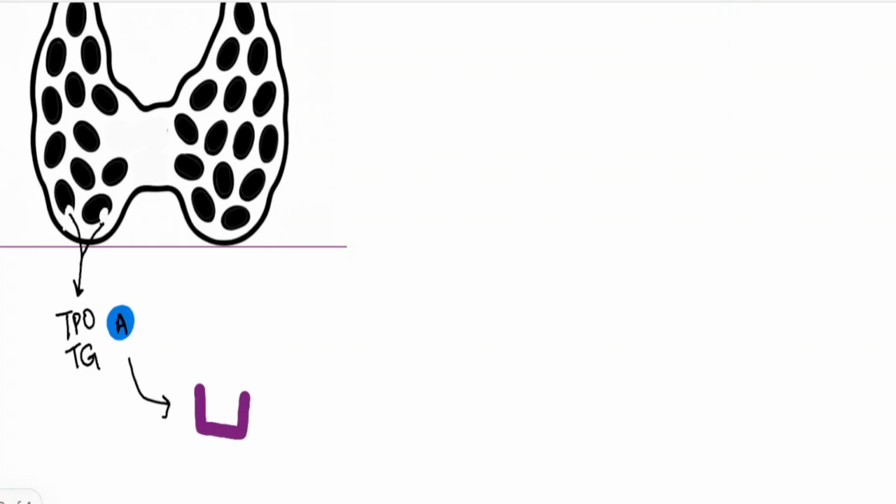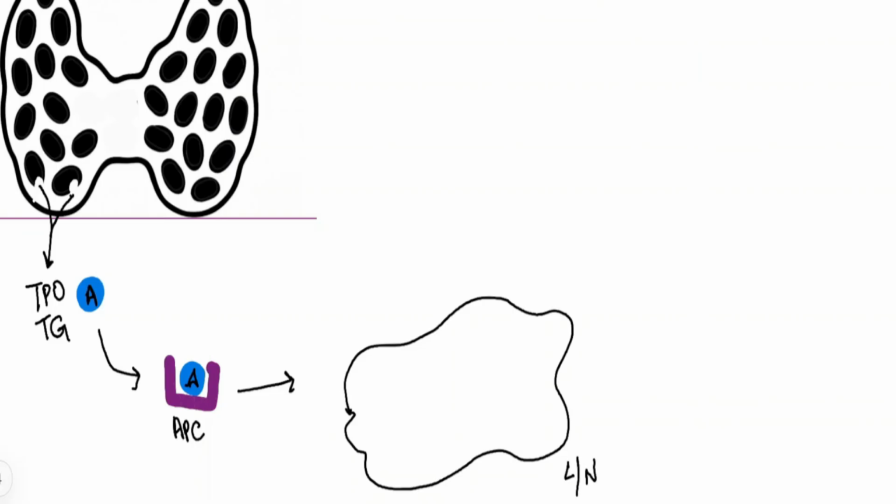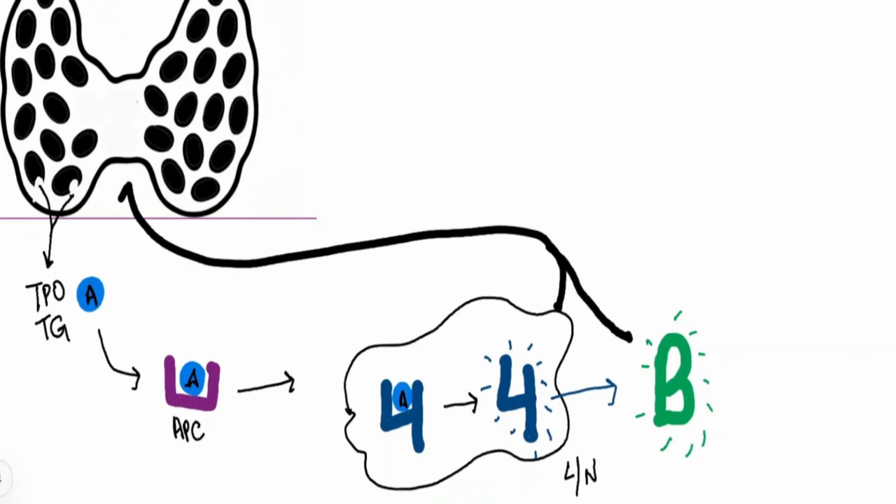These proteins are then taken up by the APC, that is antigen presenting cells, that is dendritic cells and macrophages. The antigen presenting cells travel to the nearby lymph node, where they present the antigen to the CD4 T helper cells. With exposure to the antigen, the T helper cells become activated, and these T cells activate the B cells. The activated T cells and B cells then migrate into the thyroid gland.